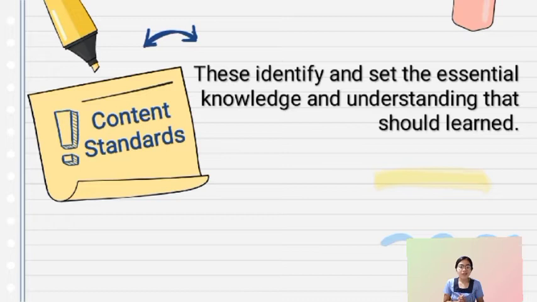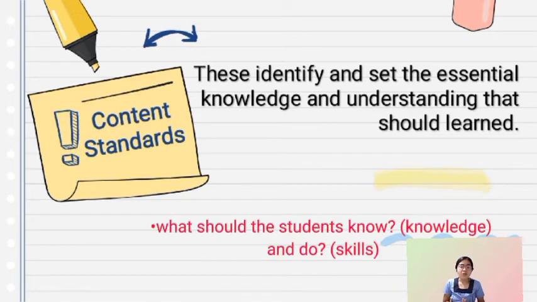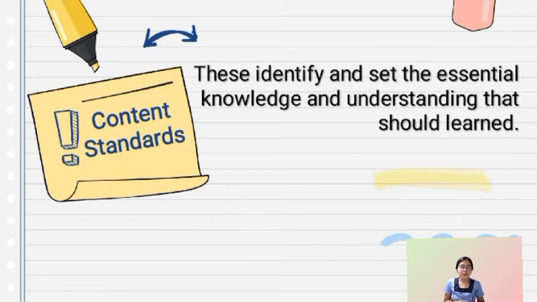It also answers the question, what should the students know, pertaining to knowledge, and do, which pertains to the skills. Content standards also share the most important and enduring ideas, issues, principles, skills, and habits of mind. It also expresses the desired result.